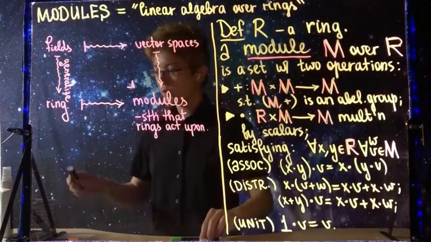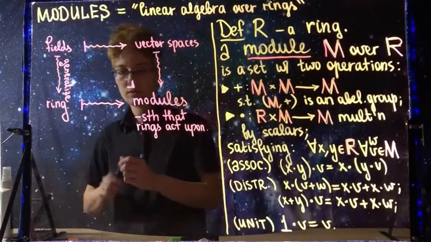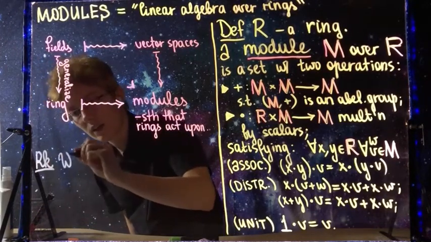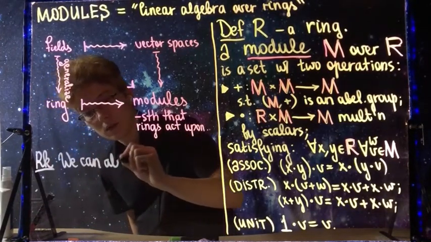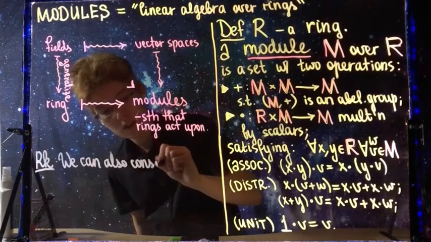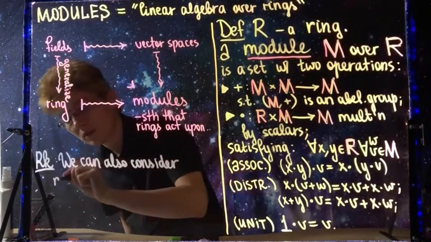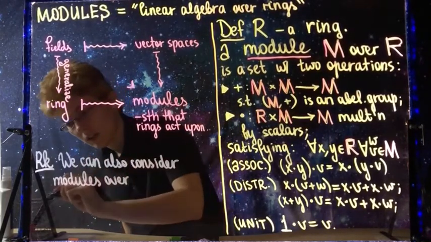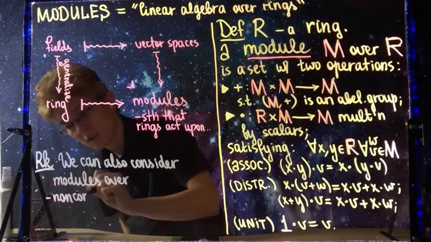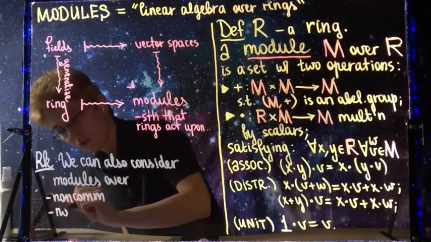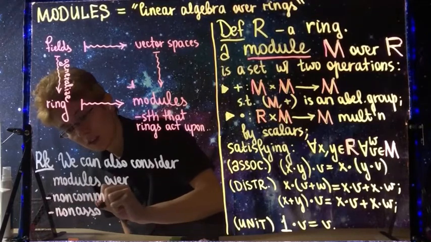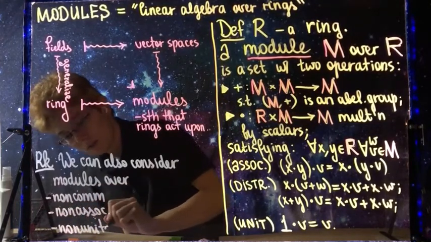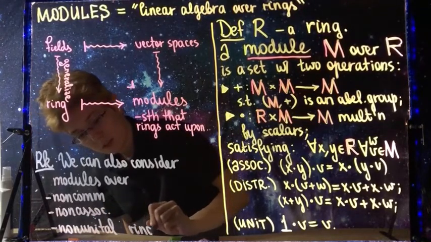So I want to make a remark, that we can also consider modules over non-commutative or non-associative or non-unital rings.